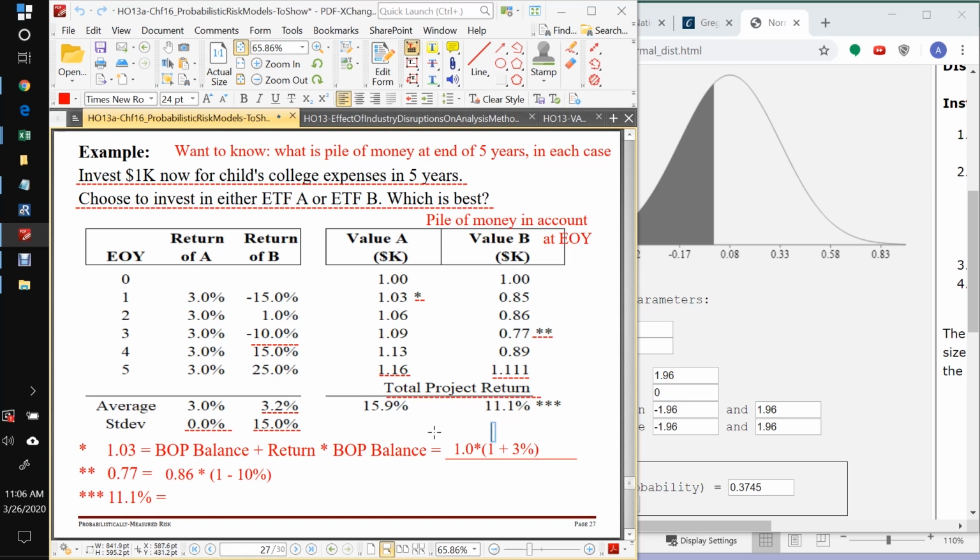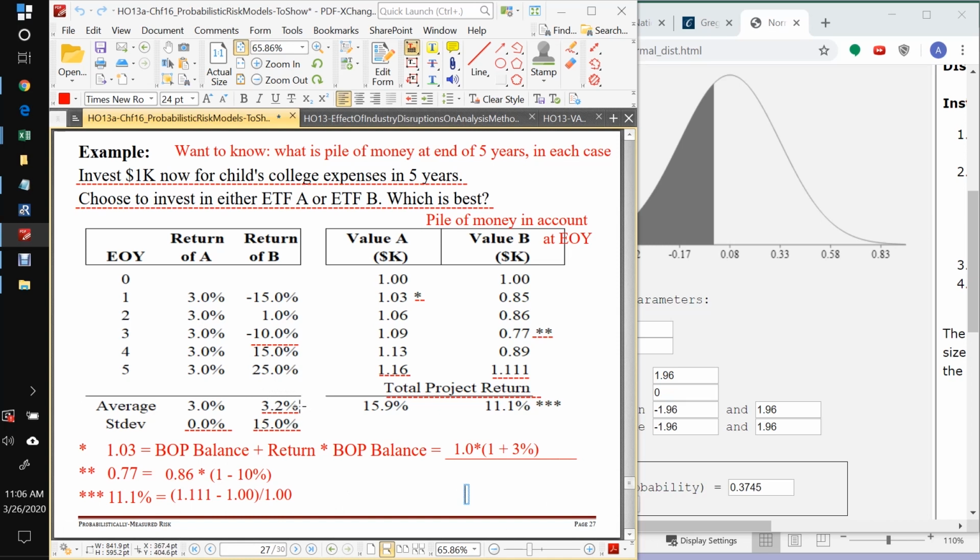So for our 11.1% return here, how did I get that? Fairly straightforward, just like in the same way we computed our annual returns for the SPY index here. I have 1.11 minus 1.00 divided by 1.00. And that clearly is 11.1%. Okay, so that's how volatility drag works.